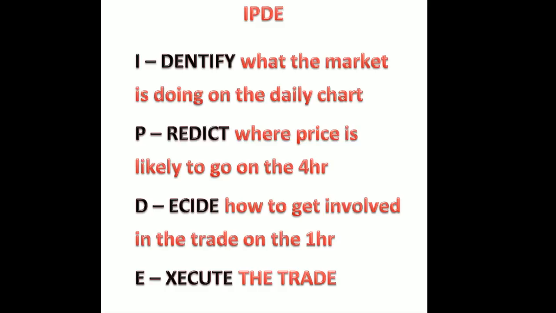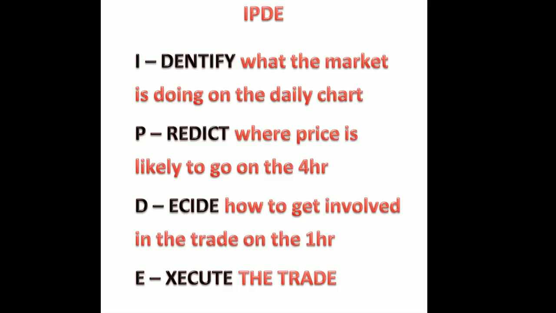The next step is predict where price is likely to go on the 4 hour, decide how to get involved in the trade on the 1 hour, and then execute the trade. Once the trade is executed, it is important to let that trade play out, whether stop or target is hit.